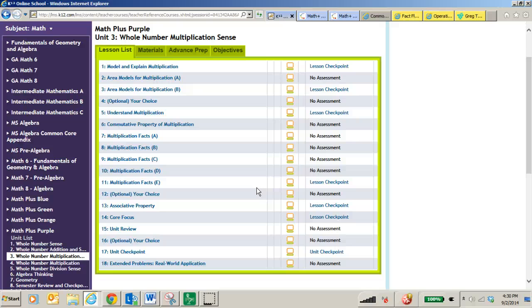We do want students to become fluent with their multiplication facts, and the third grade standards do say that students in third grade will become fluent with their facts within 100, so that would be up to 10 times 10. And again, it's not about how fast you are, it's about how you think about the numbers. Speed will come.